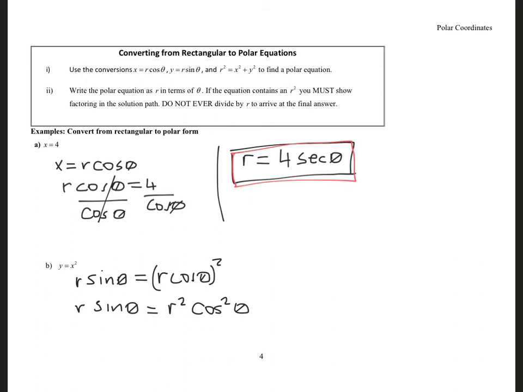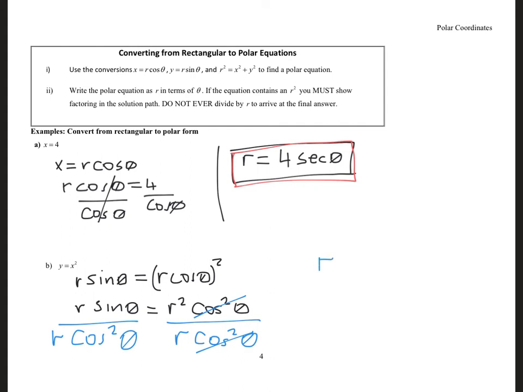The next thing I'm going to do, I want to isolate r, so I'm going to divide by r cosine squared theta. Because when I do that, this is gone, and r squared divided by r is just r.